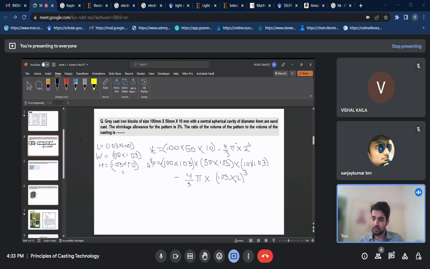So whenever we need to design a bore or hole, its shrinkage is always negative. We need to reduce this dimension to get the proper dimension for the hollow spherical cavity or for a bore, while for the other parts it is the other way.